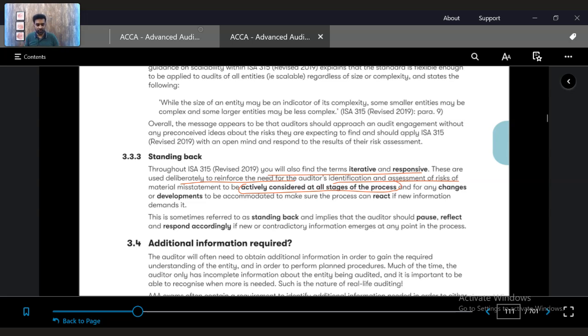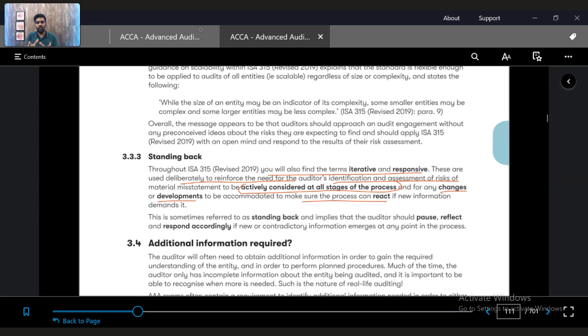Throughout the stages of the audit process, you are required to identify and assess the risk of material misstatement so that you will be able to assess any changes or developments and react to the new information. So what does the English term standing back mean? It's like taking a step back, assessing the situation and reacting.